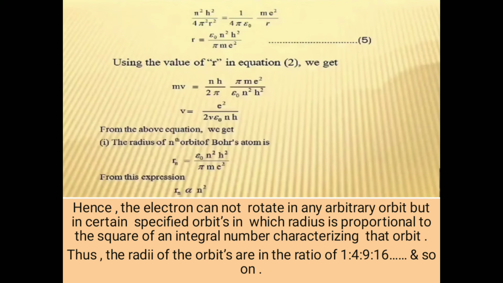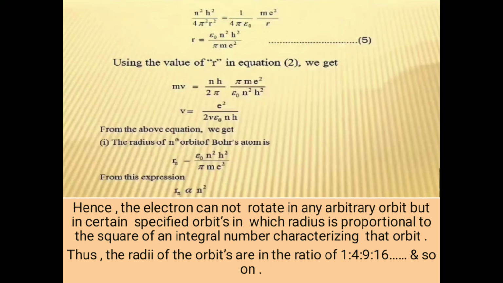Using the value of r in equation number 2, we know that mv is equal to nh upon 2 pi times m e square divided by epsilon 0 n square h square. Now keeping v on one side and taking all other terms on the other side, we get v in terms of e square divided by 2 epsilon 0 n h.